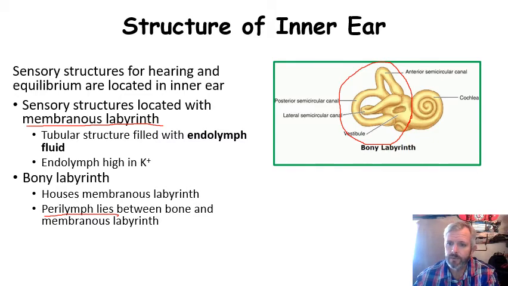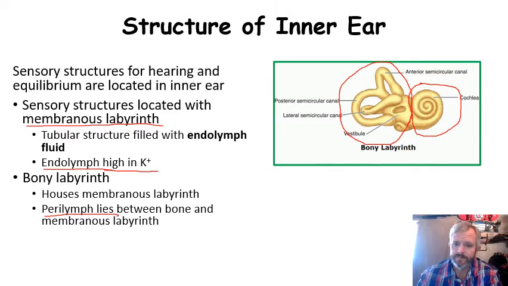This membranous labyrinth is also housed with endolymph. And the cochlea, this is where we're going to get auditory sensation, but those sensory organs are housed in the endolymph, which is high in potassium.